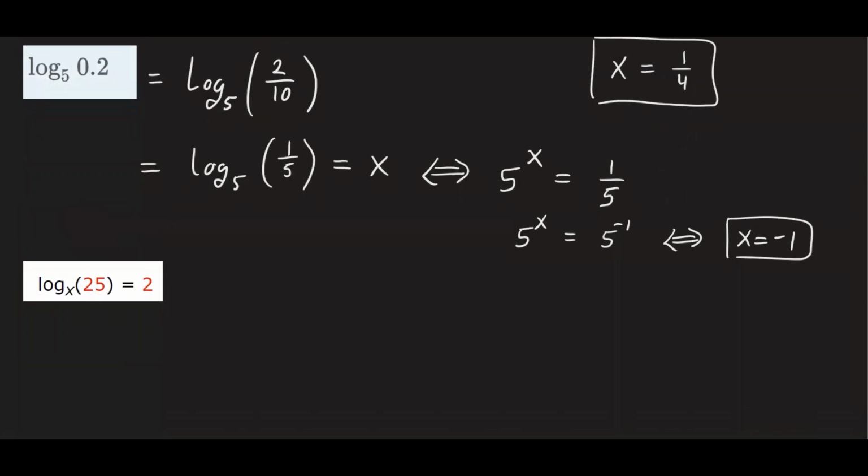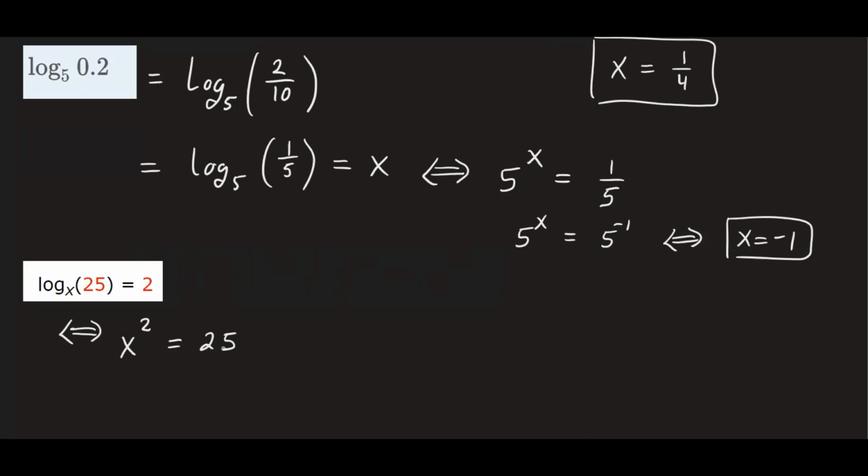I have another example where you have the equation format, but you still want to use the definition to solve for the missing variable. We're missing the base in this equation, so we can use the definition. We have x to the second power is equal to 25. Now you want to guess what x is.